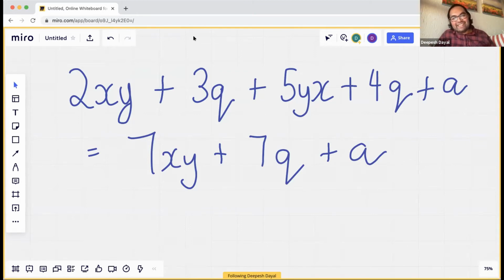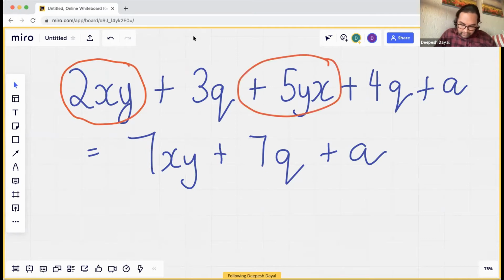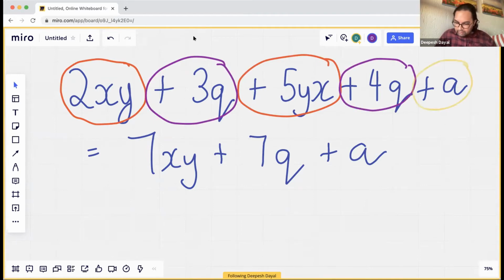So it's 7xy. Let's do our different colors. So xy goes with xy, and then 3q goes with the 4q, and then we've got 1a. So 2xy plus 5yx. Now remember, xy and yx are the same.